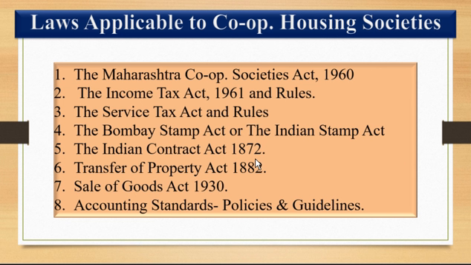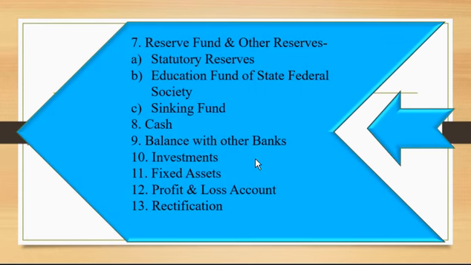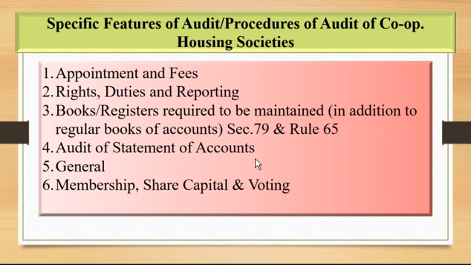Now let's understand the procedure of audit of cooperative housing societies. In that, the first point is appointment and fees. Certain societies are to be audited by the registrar's auditors.